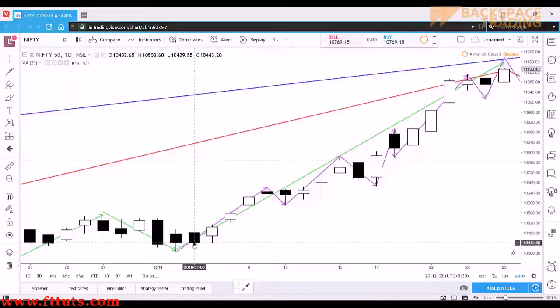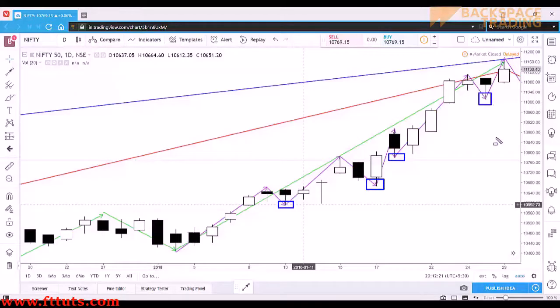So each up move and a small down move, a big up move, a small down move, a big up move, a small down move, a big up move, a small down move. You can literally buy at this zone, this zone, this zone, this zone.